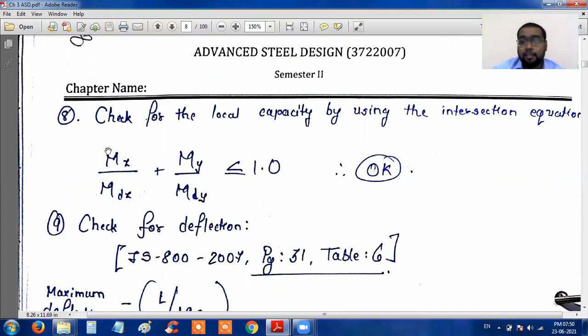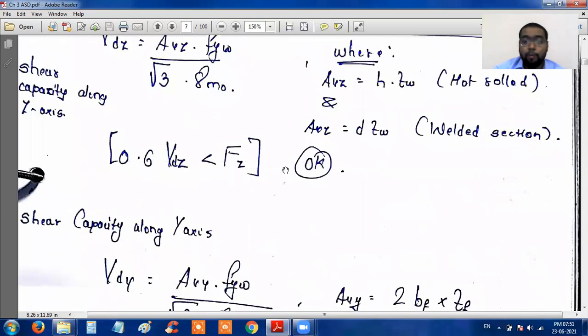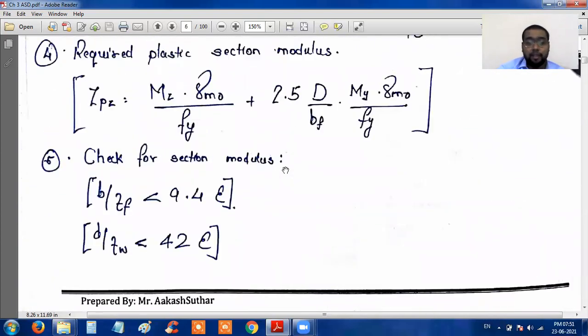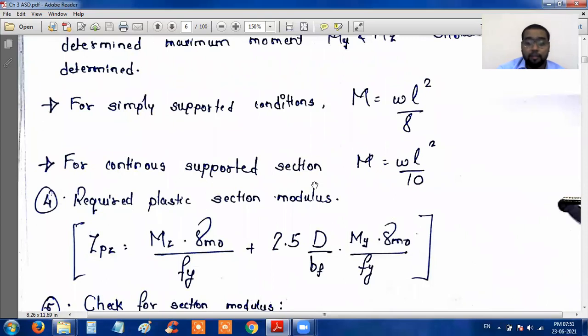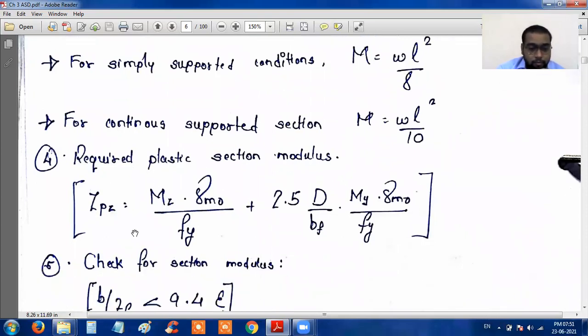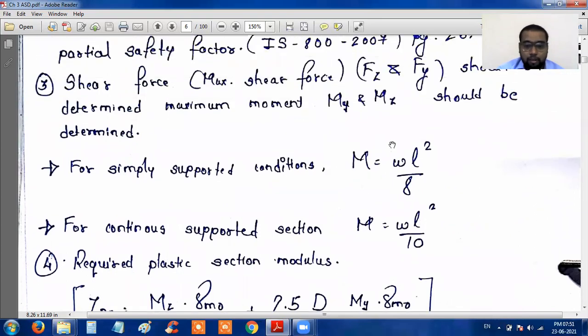Here Mz is the moment in the z direction that we earlier determined. Here we determine My and Mz. Yes, we will find these moments by the equations WL square by 8 and WL square by 10.